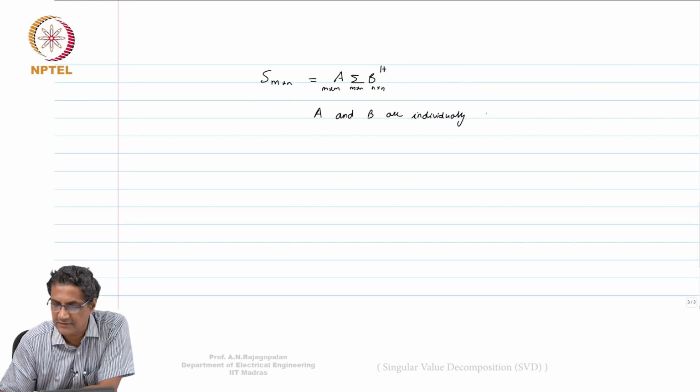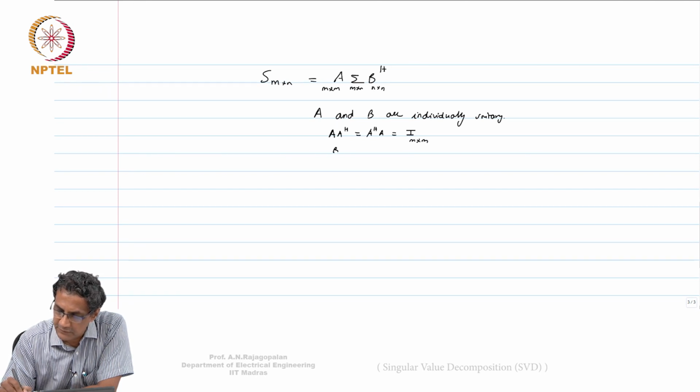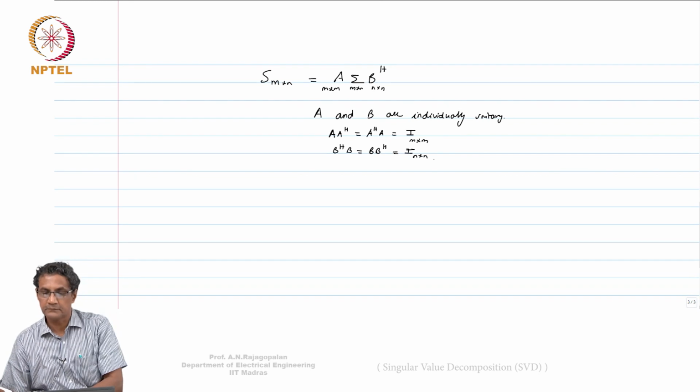Under some special cases, A can be equal to B. But generally, A Hermitian A is equal to identity, but this identity will be M cross M, and B Hermitian B is equal to B B Hermitian is equal to I, this will be N cross N. So these 2 I's are not the same.